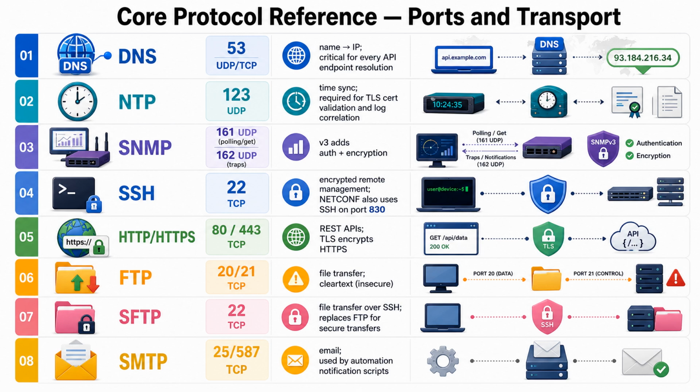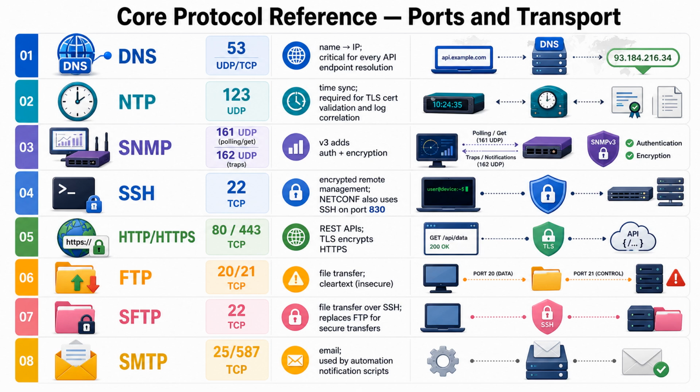NTP, Network Time Protocol, runs on port 123 UDP. Time synchronization sounds mundane, but it's critical for two specific automation reasons. First, TLS certificate validation requires that the device's clock be within a few minutes of accurate time. If the clock is off, HTTPS connections will fail with certificate errors because the cert appears to be either expired or not yet valid.